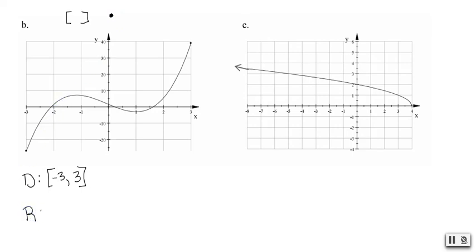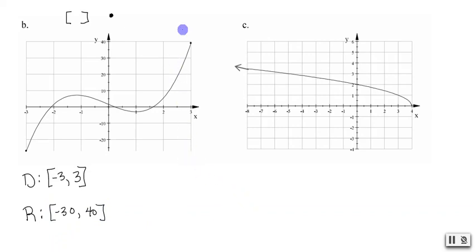When we talk about range, again, we're going from the lowest y value up through the highest y value. The lowest y value is a -30, and there are infinitely many y values up through 40. And those are both solid points, so again, we're going to use square brackets.